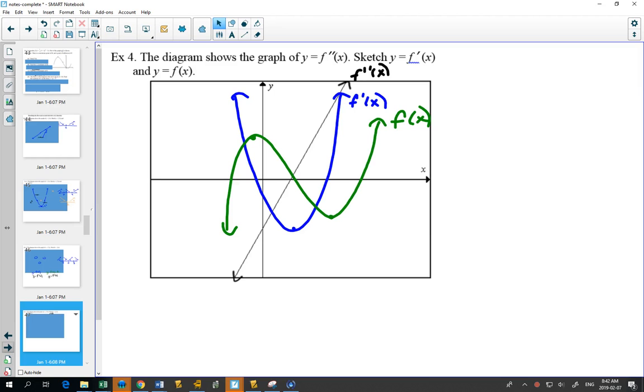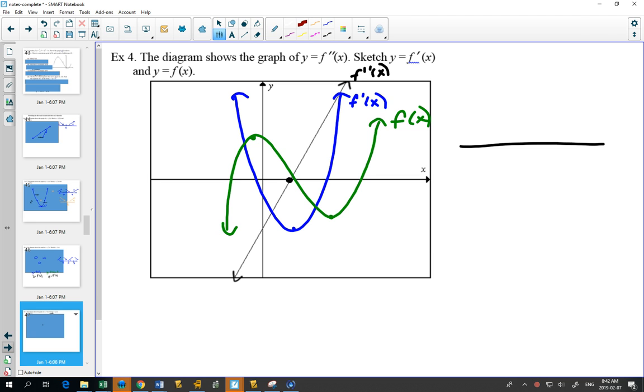So now we've got the diagram of f double prime. So f double prime is the one that we started with. On f double prime, we have a 0 here. That has to match up with something on our blue graph.